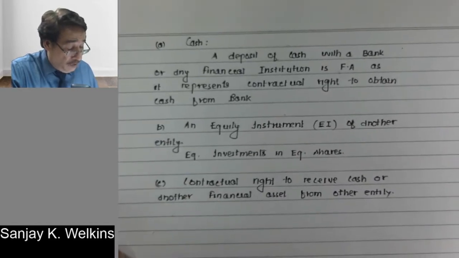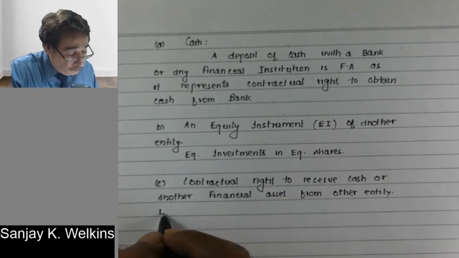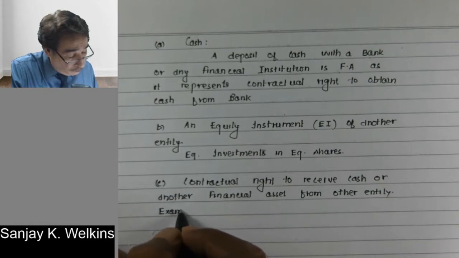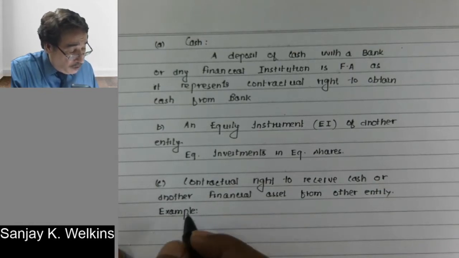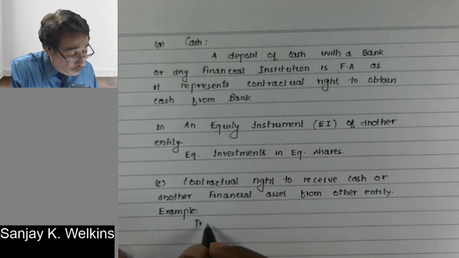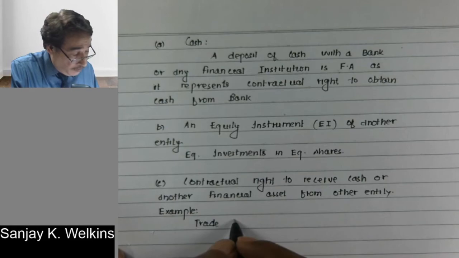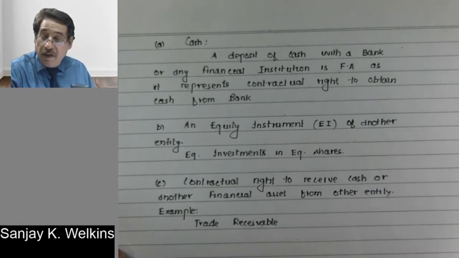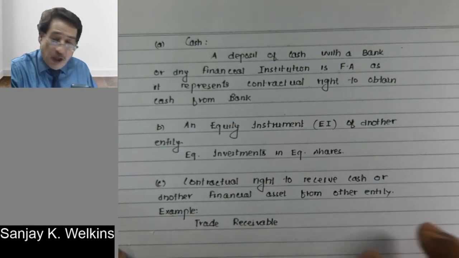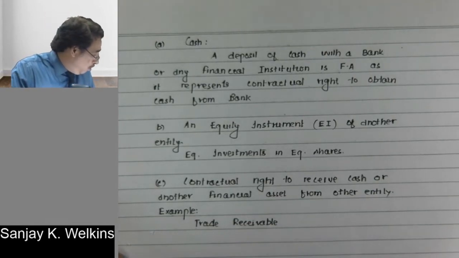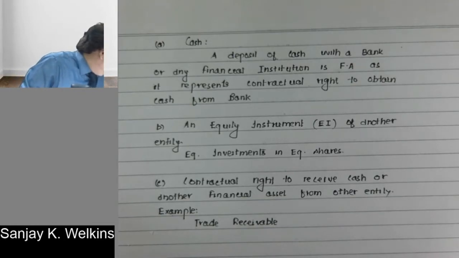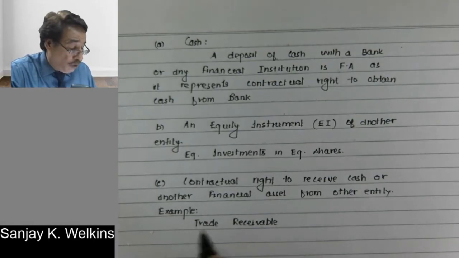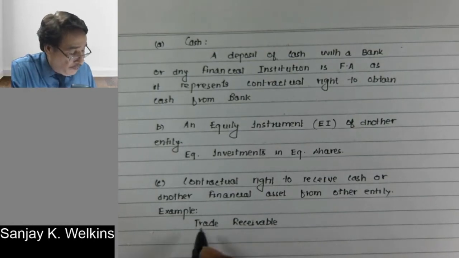For example, suppose I sold goods to somebody on credit. So that is a trade receivable. That means I have a contractual right to take either cash from the other party or some other financial asset in settlement.